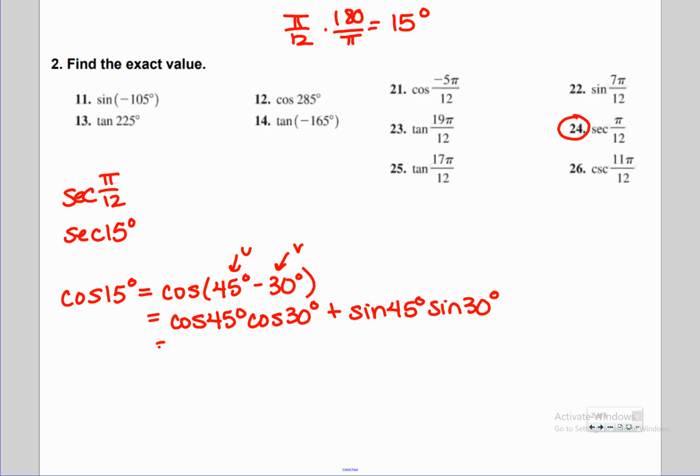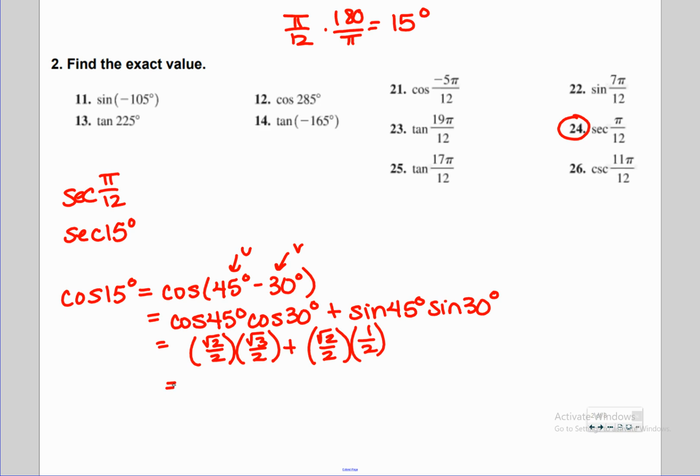What's the cosine of 45? Rad 2 over 2. What's the cosine of 30? Rad 3 over 2. Sine of 45. Rad 2 over 2. And sine of 30. 1/2. Okay? So we multiply those together.